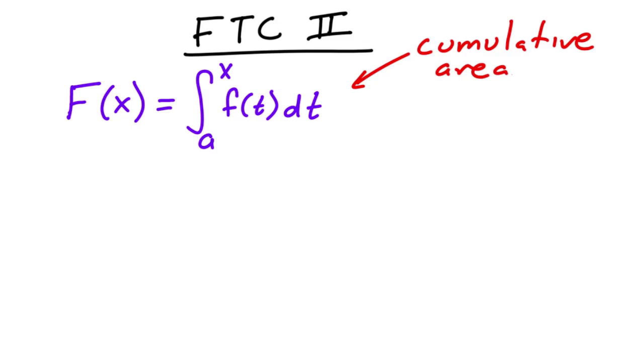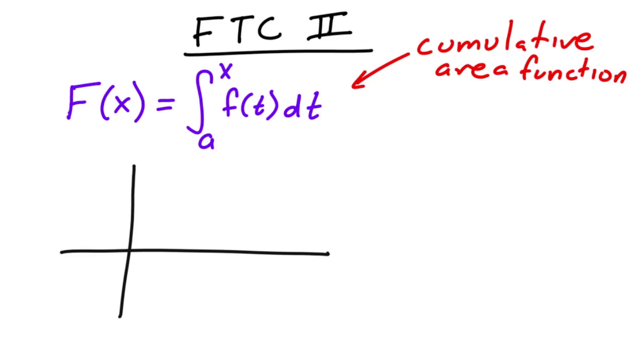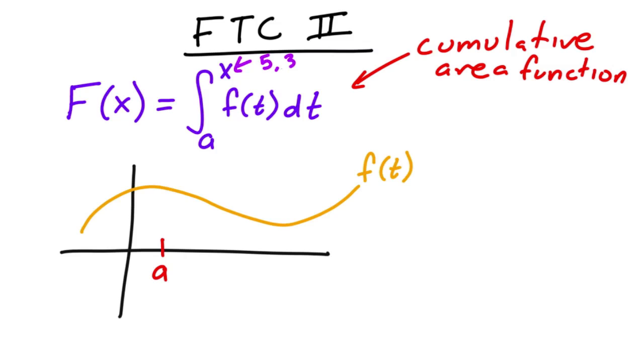area function. And basically what it does is, let me draw a little picture. Let's say you have a function. Let's say this is f of t. And so let's say, for example, that our point A is right here. What this function does is you'll plug in a number here, for example, 5 or 3 or 7.